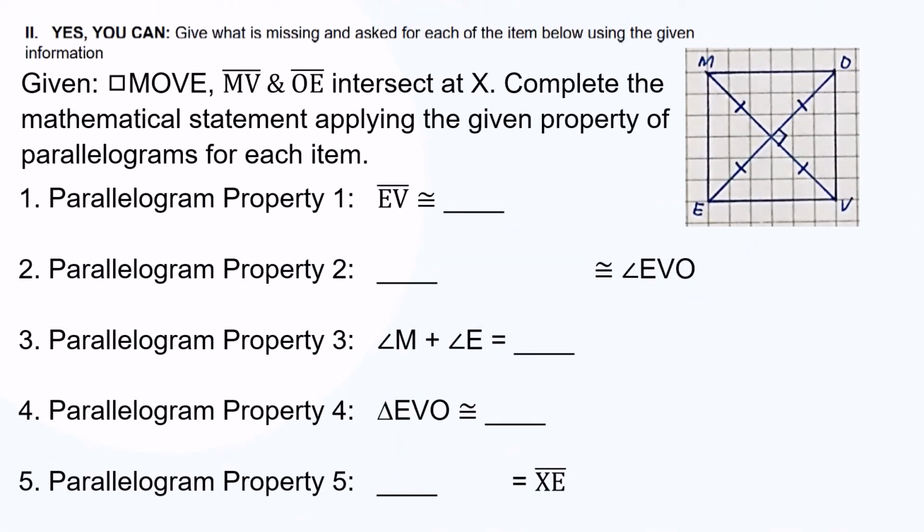Given parallelogram MOVE, where diagonals MV and OE intersect at X, complete the mathematical statement applying the given property of parallelograms for each item. You have 10 seconds to answer each item. Number 1. Applying parallelogram property number 1, side EV is congruent to blank.